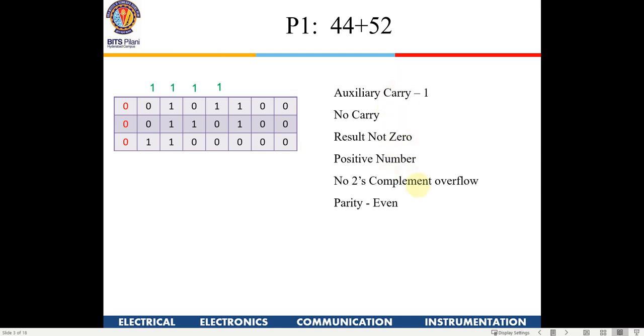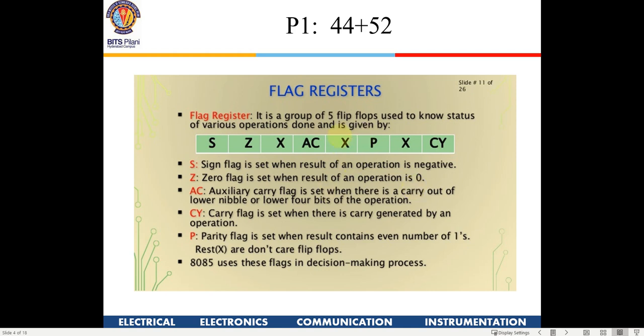When we speak in terms of microprocessors, there will be an arithmetic logic unit which does this computation, and also a register known as the status flag register.